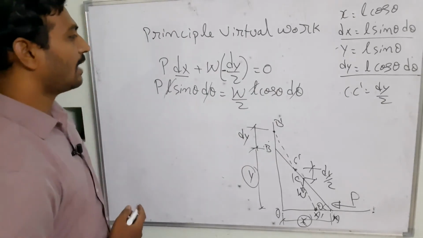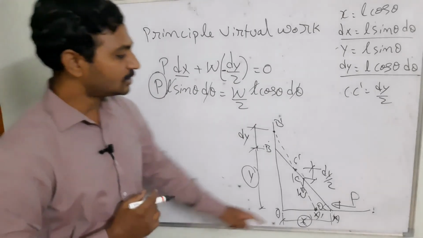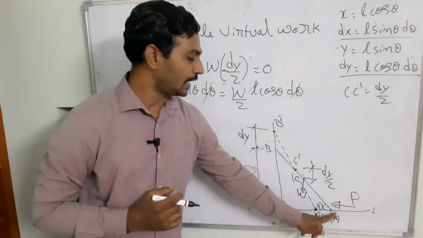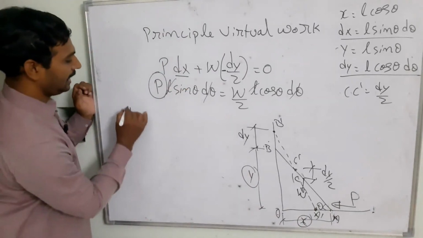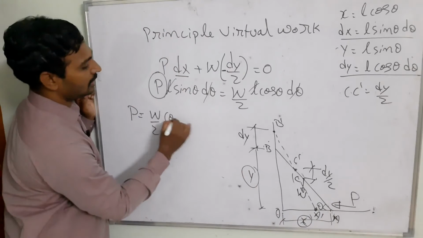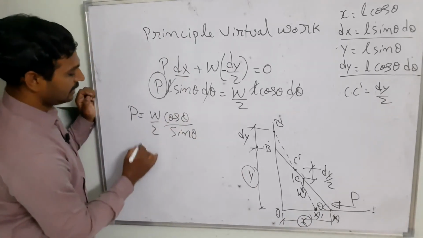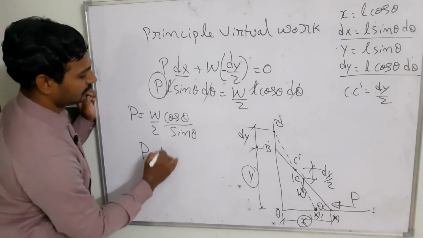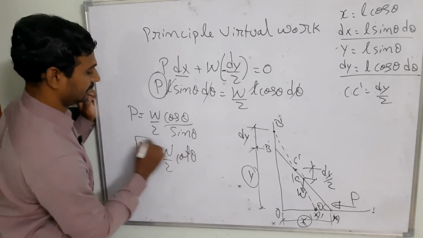So then the P value we need to calculate from this one, how much force we need to apply at P so that the body is in the equilibrium condition. So P is equal to W by 2 cos theta by sin theta. So from this one, P is equal to W by 2 cot theta, we will get it.